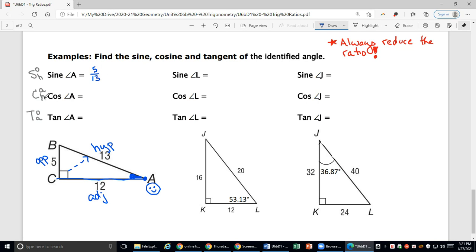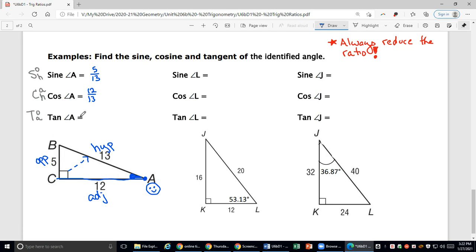Cosine, A over H, adjacent over hypotenuse. My adjacent is 12. The hypotenuse is 13. So 12/13, nothing goes into 12 that also goes into 13, so that is completely reduced. My answer stays exactly like that. TOA, O over A, opposite over adjacent.